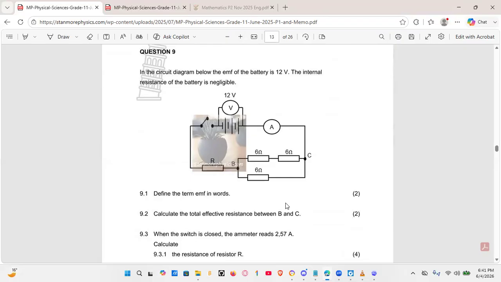So you have a parallel, then you also have a series situation. So how do you find the total resistance from B to C? Would I use those two that are parallel at the top?